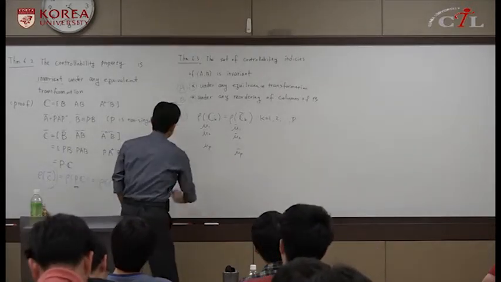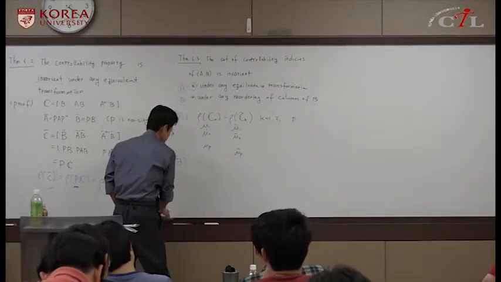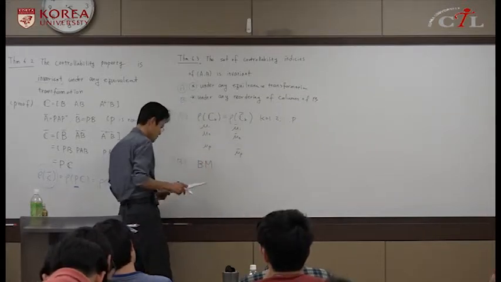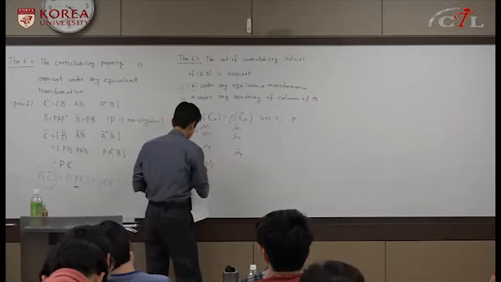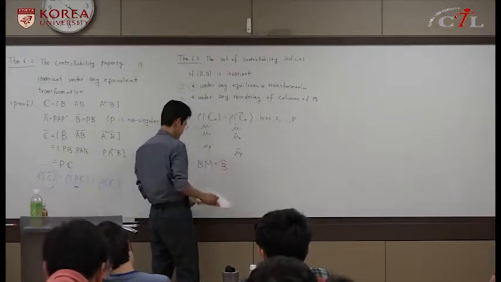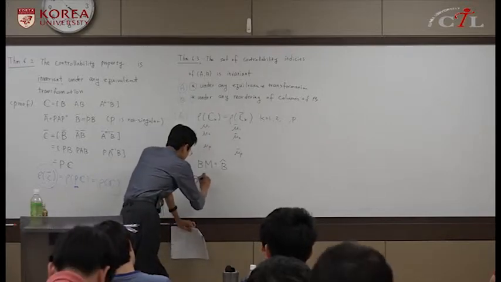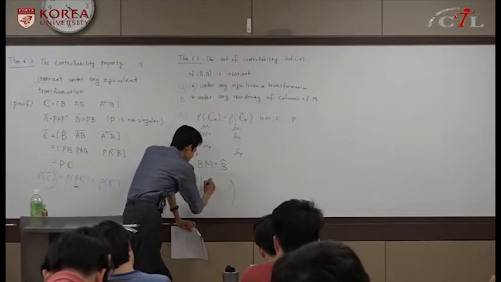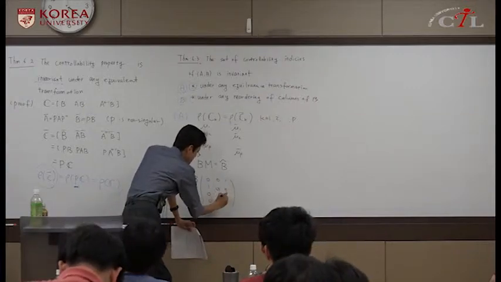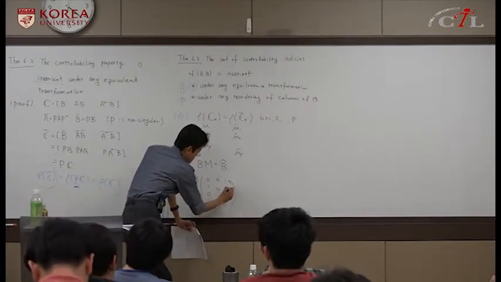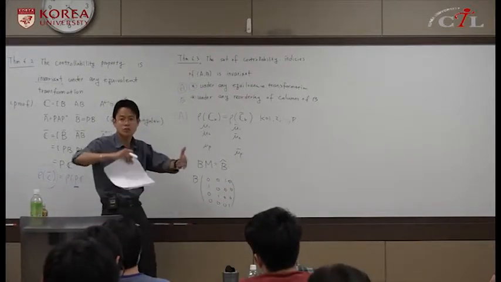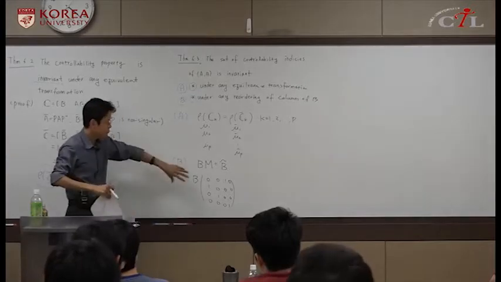Regarding the reordering, it is done by a permutation matrix M, for example, in such a way that, let's say this is B hat. If there's B, we may reorder the columns. If I set the permutation matrix in this way, then the columns are reordered.